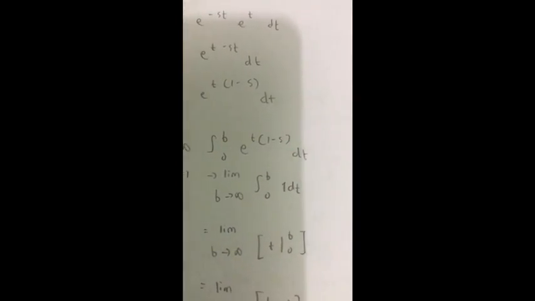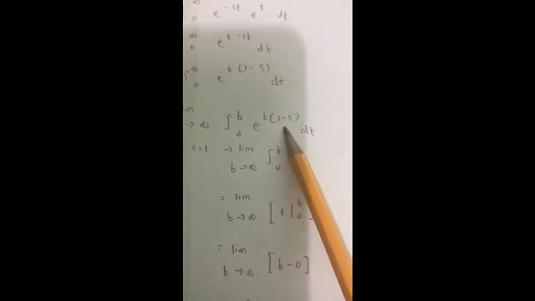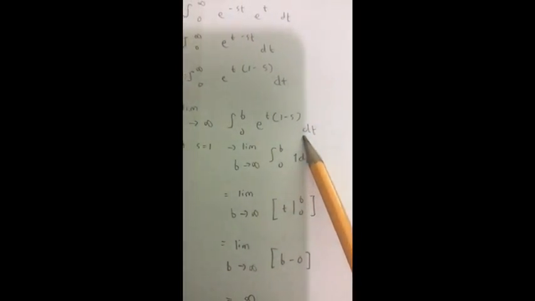And remember, from improper integrals we have to simply get rid of the infinity. We'll introduce another variable, call it letter b, as b goes to infinity, of the function e to the t multiplied by 1 minus s dt.